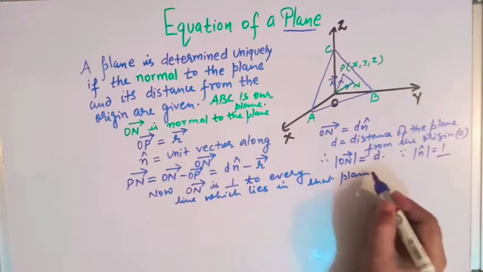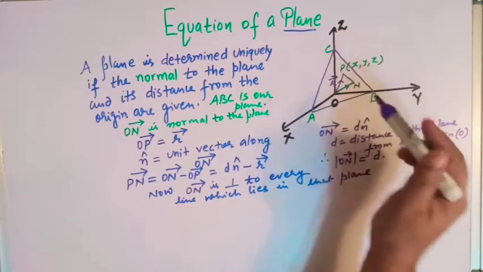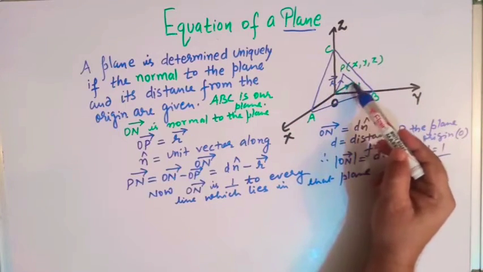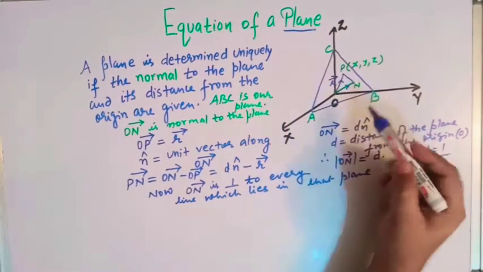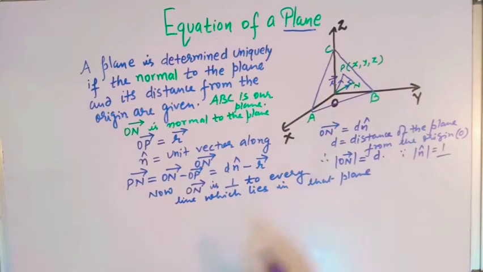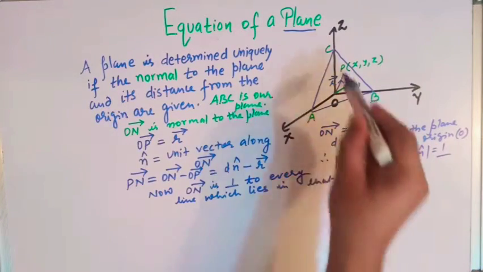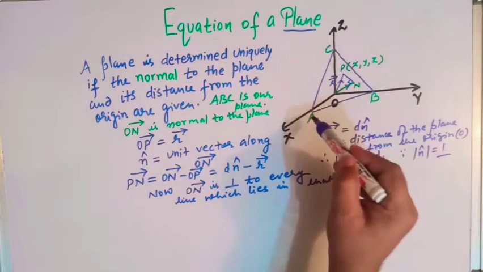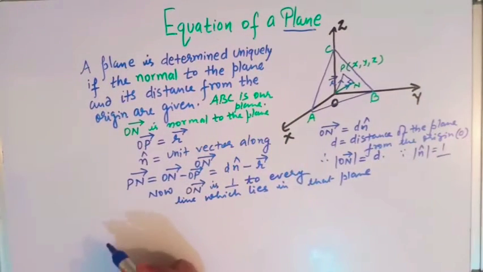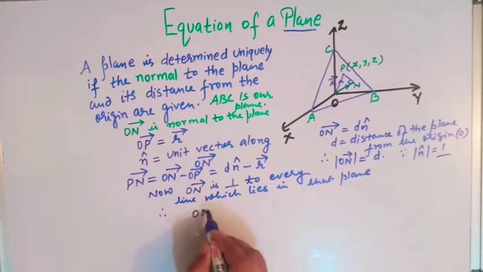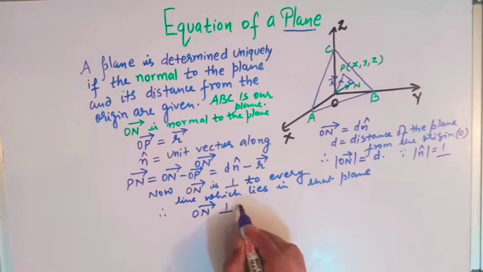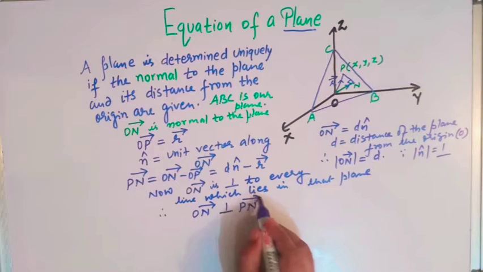Now see this vector ON is perpendicular to every line which lies in the plane ABC. Okay, so therefore we can say that ON is perpendicular to vector PN.